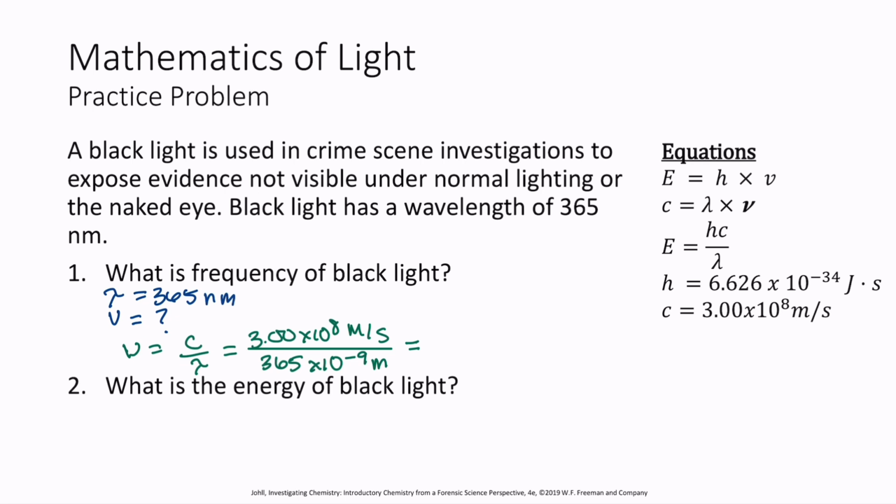So we can put this into our calculator. Go ahead and get your calculators out. We can enter 3 times 10 to the 8 divided by 365 times 10 to the negative 9.